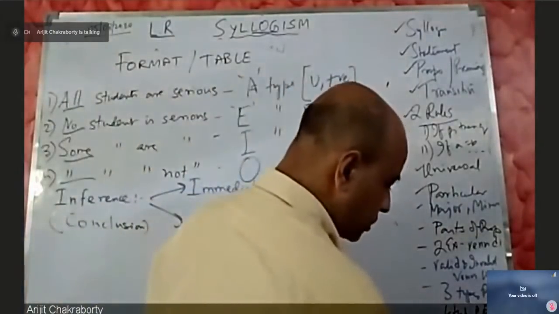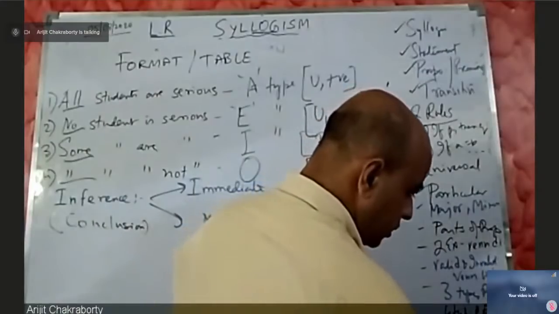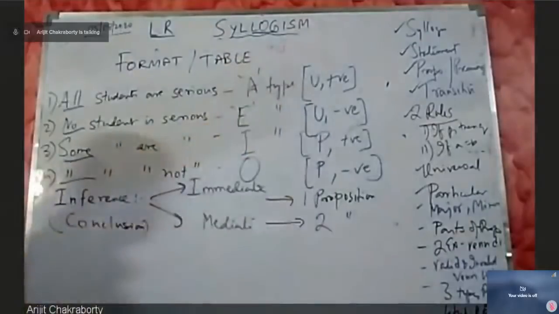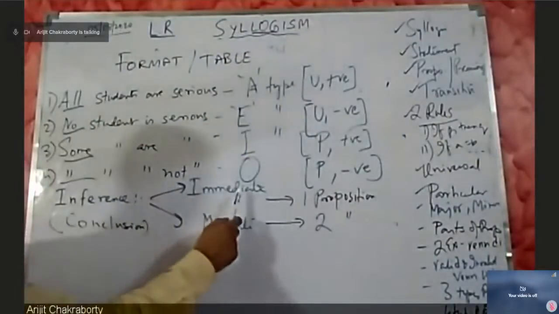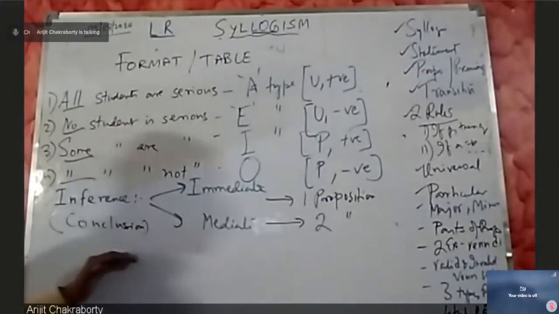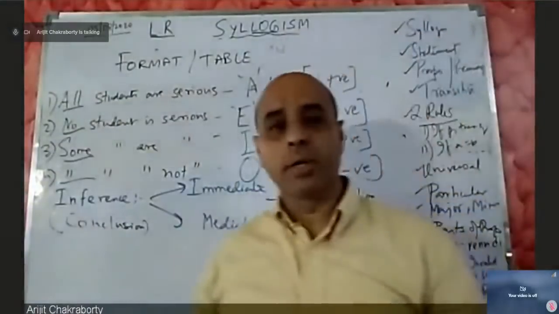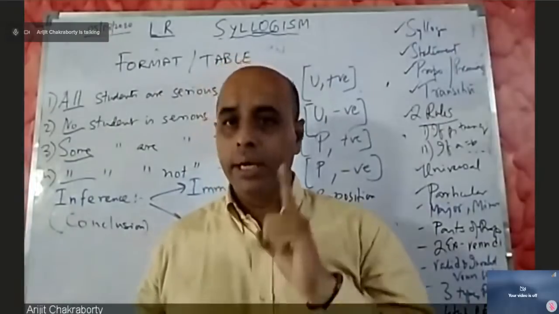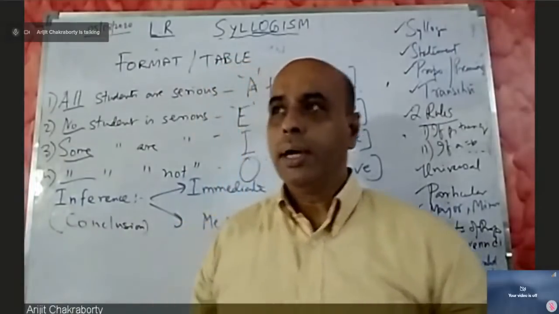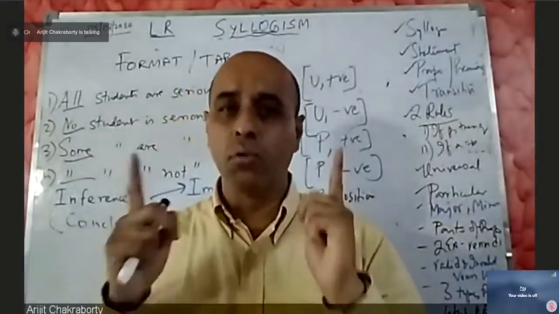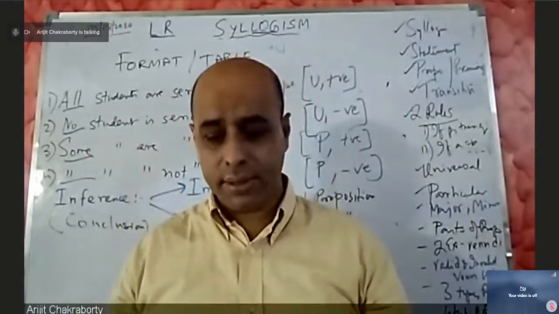We are doing a lot of things today. Inference, two types. I'm just keeping a note here. Inference, we have immediate and we have mediate. The word inference means conclusion. And we have two types of conclusions, immediate conclusions and mediate conclusions. Immediate conclusion means when you have to conclude based on one proposition, one statement, one sentence.